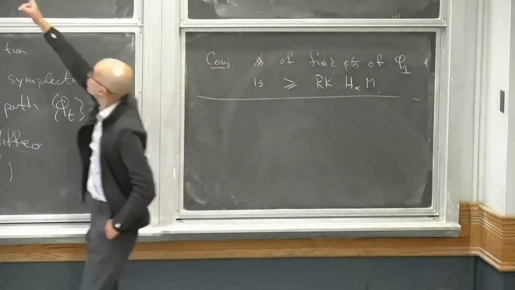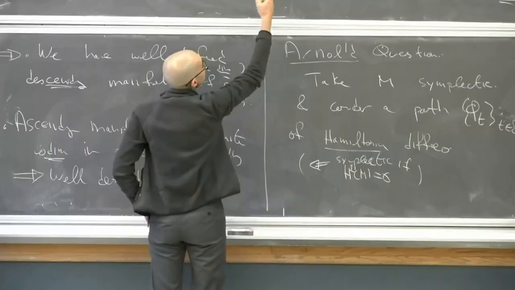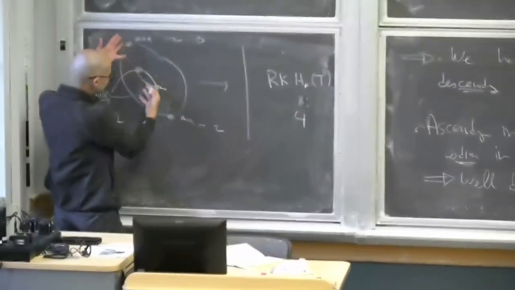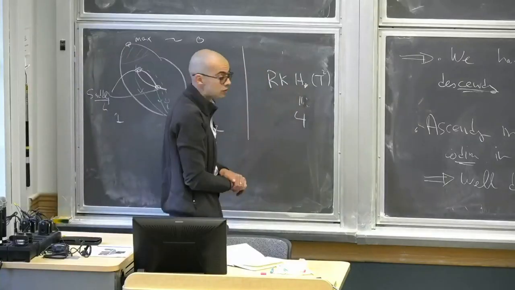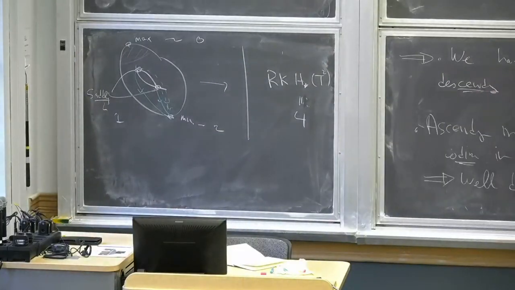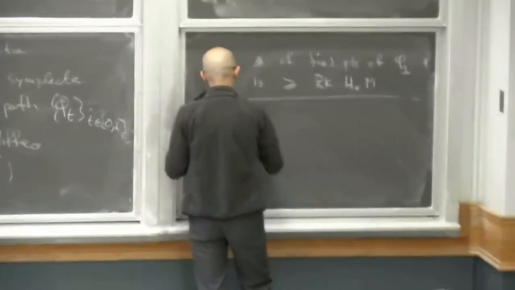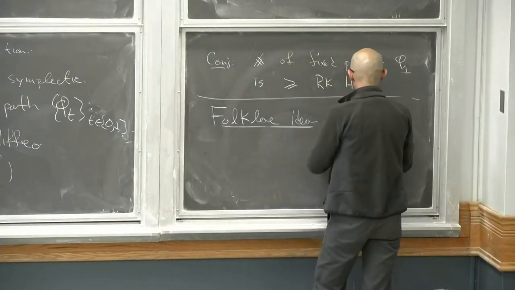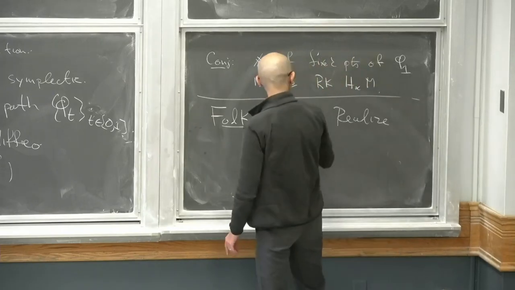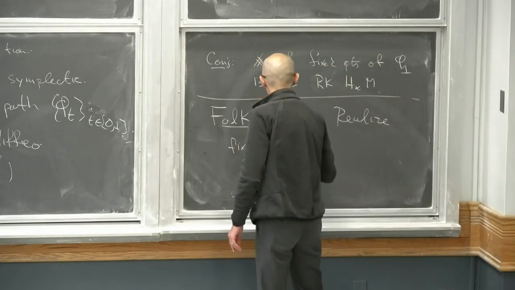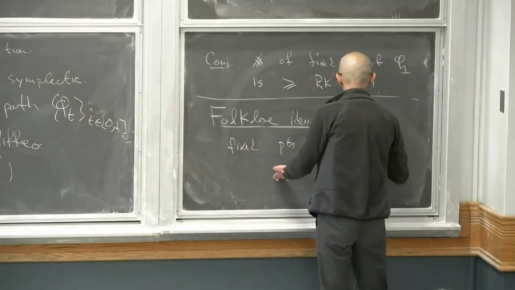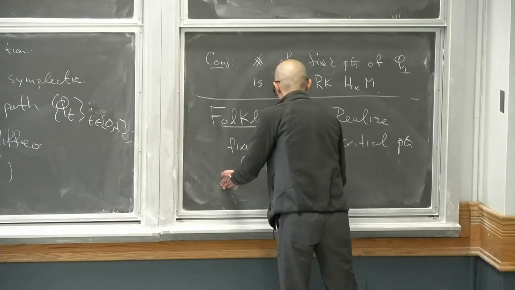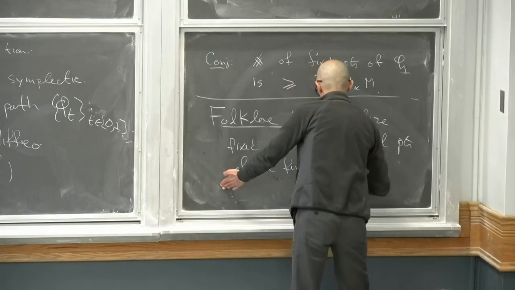And because people knew this strategy of Morse for relating critical points to the rank of the homology of a space, the basic idea, which is a folklore idea, is to realize the fixed points as the critical points of some functional on some infinite dimensional space.